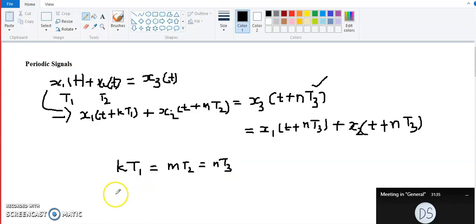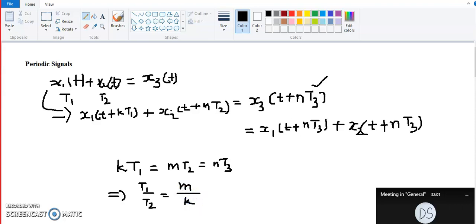So what does it mean? It means that T1 by T2 should be equal to m by k.